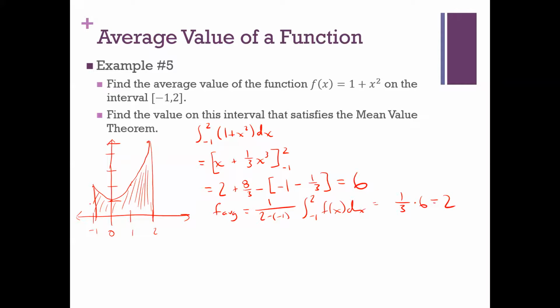So this area that I drew, hopefully this makes sense, that this area right here, that rectangular area and that curved area should be the same, right? And it would be if I drew to the right height.